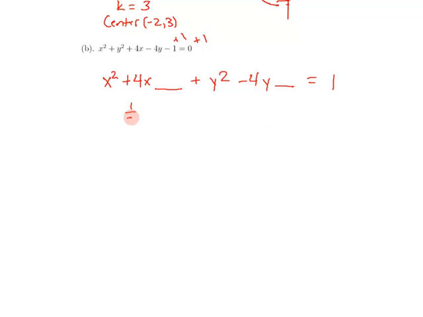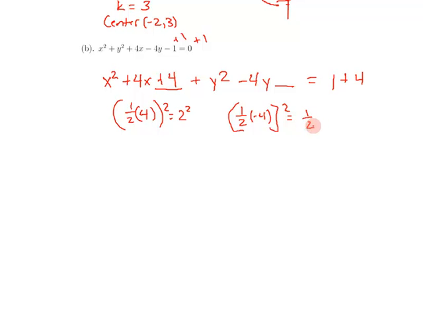So half of 4 squared gives me 2 squared, which is 4. So I'm going to add 4 to both sides to complete the square for the x's. Take 1/2 of negative 4, which is negative 2, squared, which is also going to be positive 4. So I add 4 to both sides again.